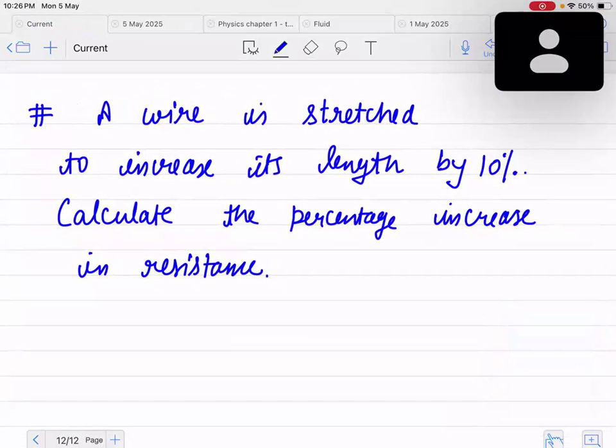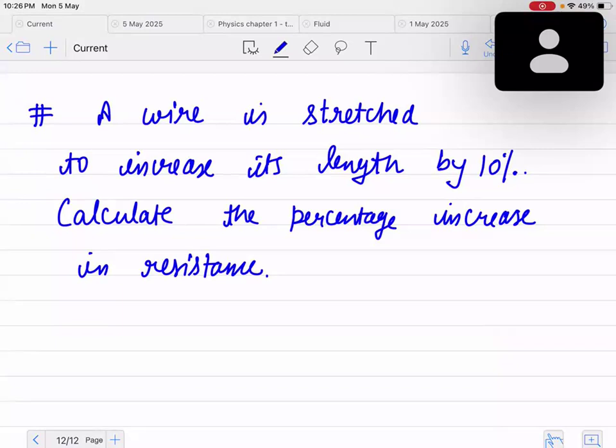See, you have to find out the new area. New length is already a 10% increase, so new length is L plus 10% of L. But first you have to find out the new area. Then only you can find out the new resistance.